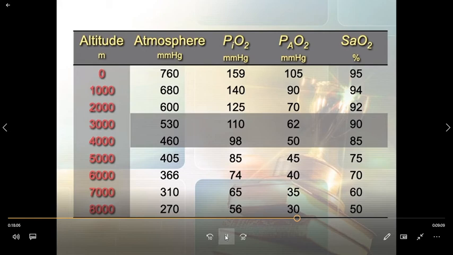So the oxygen in the air over there is very low. We will suffer terrible hypoxia, or hypotonic hypoxia, when we're at the top of the highest mountain in the world.